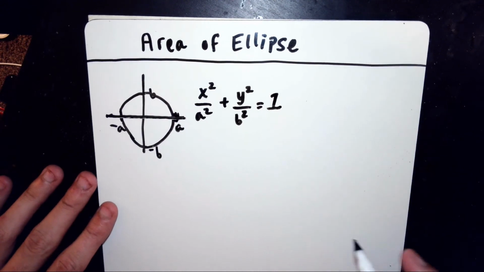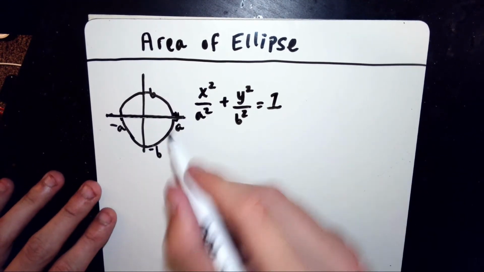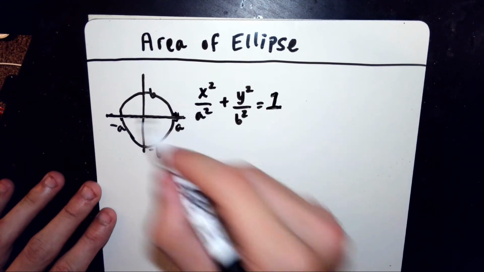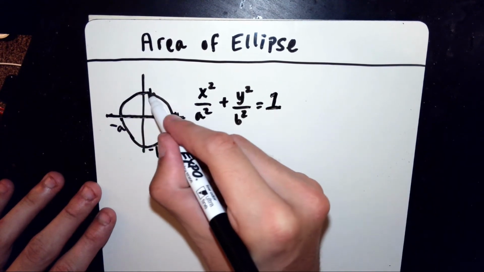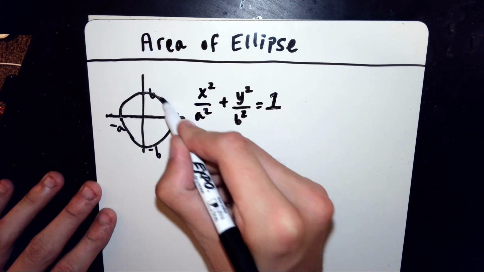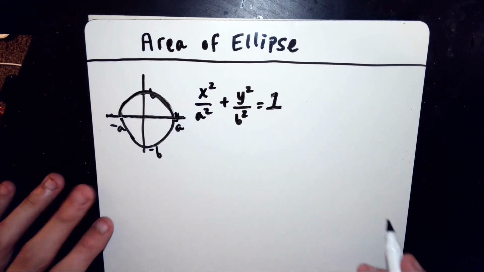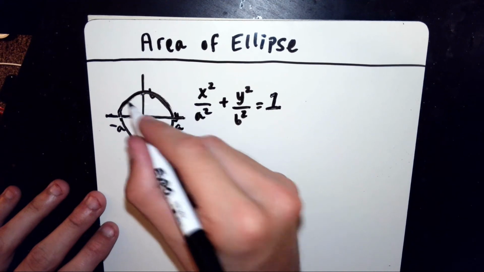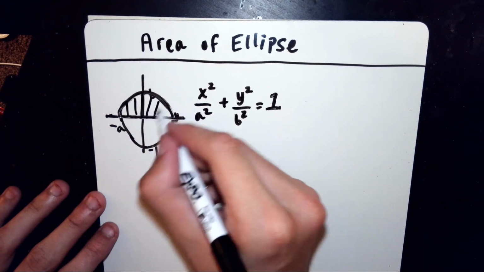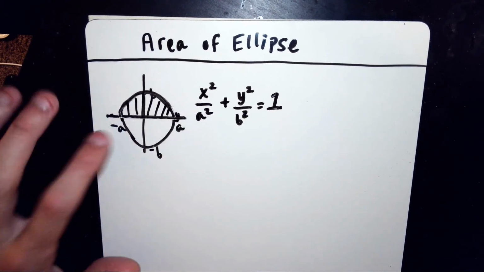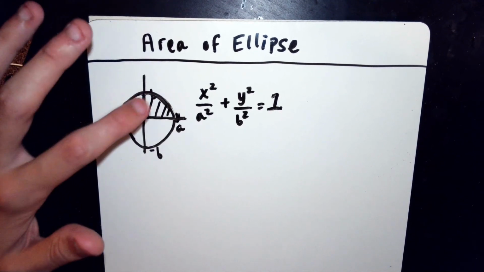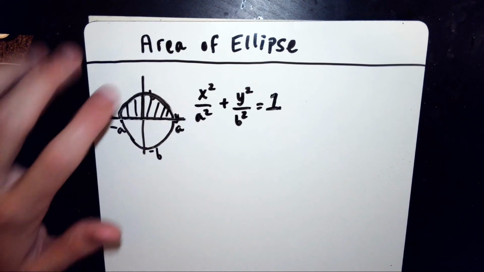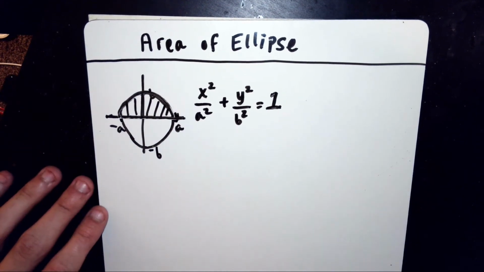And with a little bit of algebra and just by focusing in on the top half of this ellipse, we can just integrate and find this shaded area, multiply it by 2, and because this ellipse is symmetric, it will give us the area of the entire ellipse. So let me tell you what I mean more in particular.